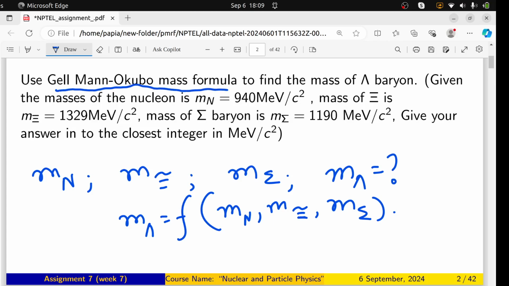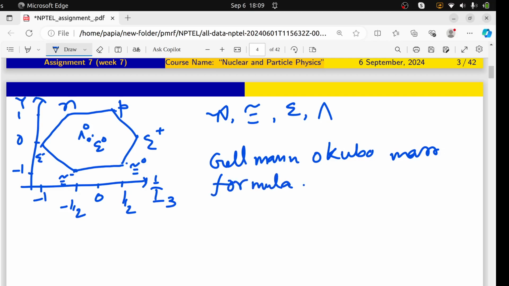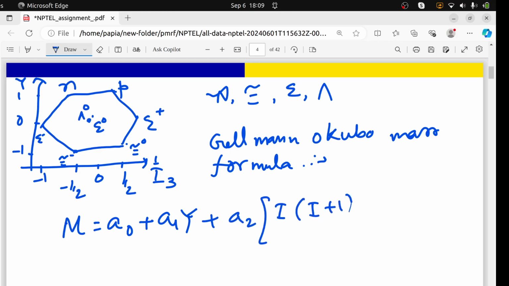the Gell-Mann–Okubo mass formula. So what is the Gell-Mann–Okubo mass formula? I will not derive the formula right now, because we will just use it to derive the mass of M lambda. For any particle, the mass is A0 plus A1 y plus A2 into I(I+1) minus y squared by 4.